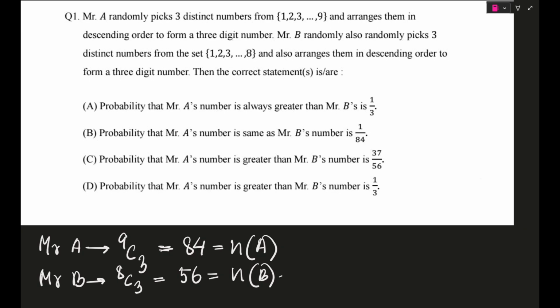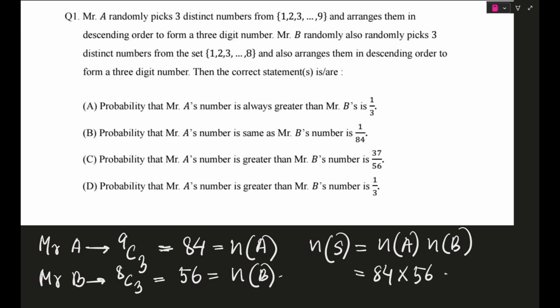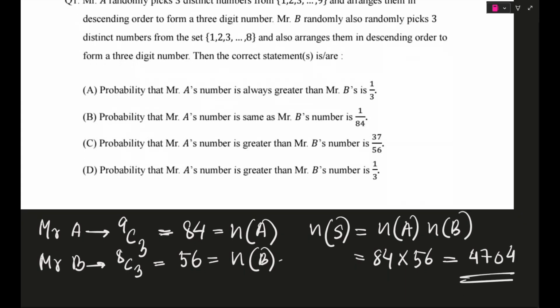To find out the sample space, NS will be nothing but NA into NB, which is 84 into 56. I don't know whether we will get fractions that will cancel this out or not. Anyways, I have calculated it. It will come out to be 4704. This is the size of your sample space.